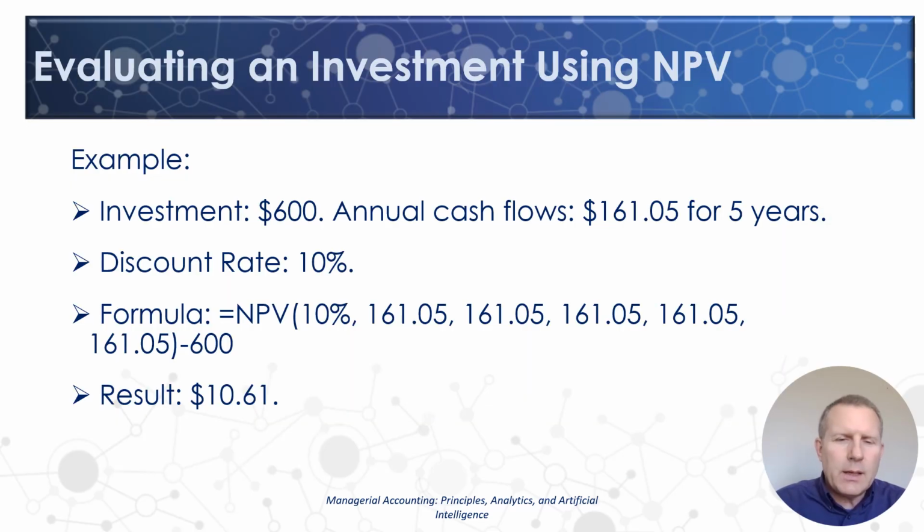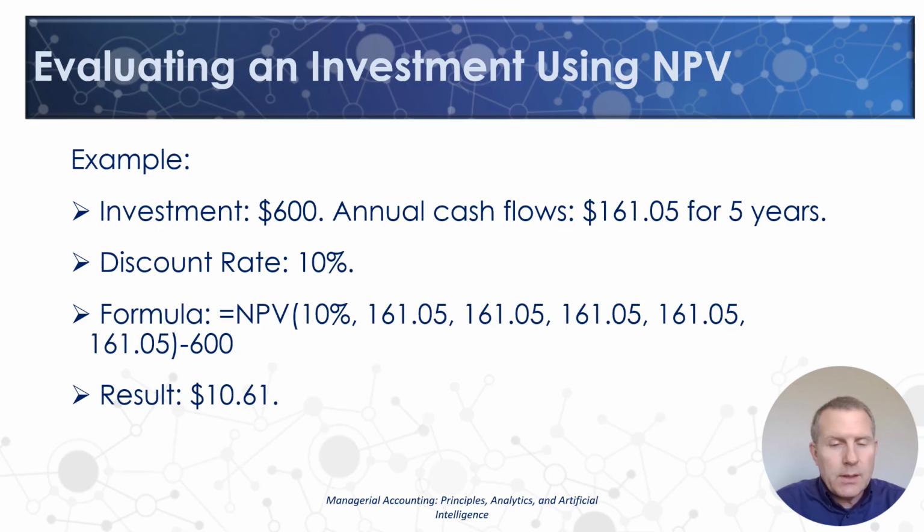Let's evaluate an investment using net present value. In this example, let's assume the investment is $600 and returns annual cash flows of $161.05 for 5 consecutive years. The discount rate that we'll use to discount our cash flows back to today's dollars will be 10%.